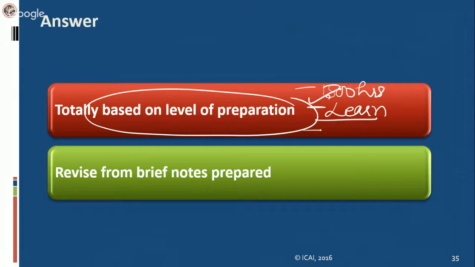Balance material you are doing in such a manner that you are able to reproduce 40-50% in the examination. And you prepare brief notes which you should study one day before the examination. So these two things are very important.